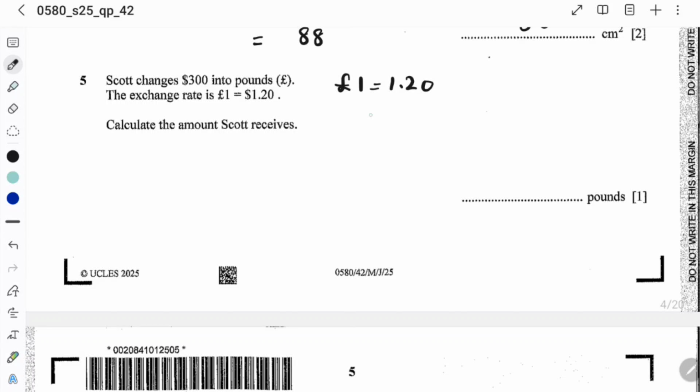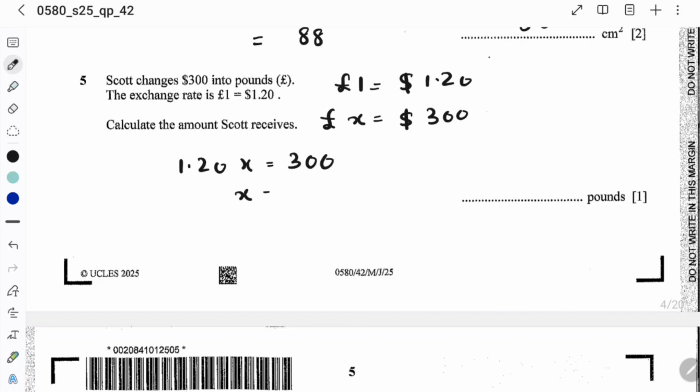It is just a 1 mark question, and x is what we have to find out, the amount Scott receives. So $300 he spent. Alright, so 1.20 is dollars, 1.20. So 300 is dollars, and I'll write down x pounds. So just cross multiply, that is 1.20 x is equal to 300.